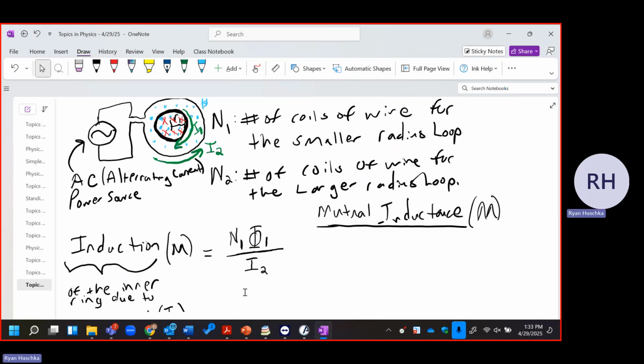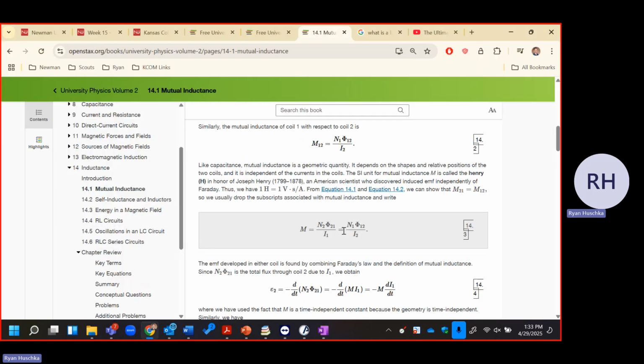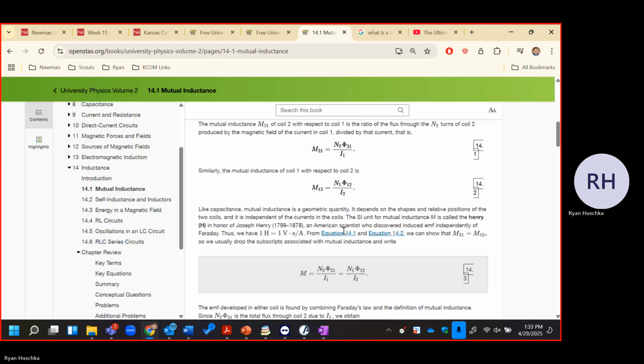Basically, you just change where the power source is connected. Change your power source and connect it to your smaller ring, and then your outer ring would be the one that's getting this inductance property happening to it.